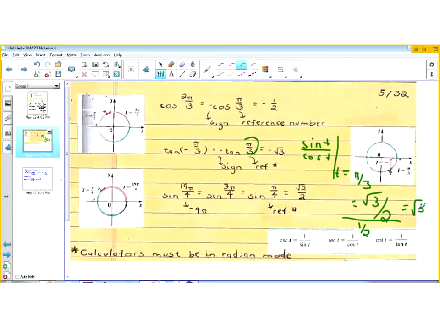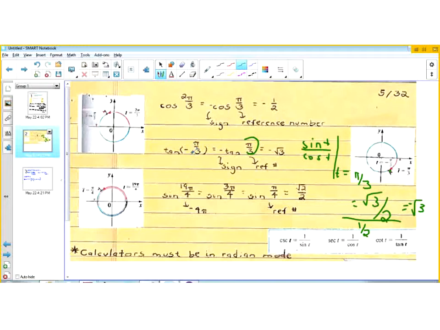And so when you do the division, the tangent of this reference number is the square root of 3. Now, in quadrant 4, since we're dividing a negative number by a positive number for the tangent function, we have to negate the square root of 3, because the tangent function is negative in quadrant 4, as demonstrated previously. So that's how that works.